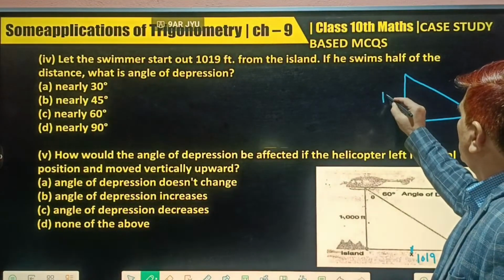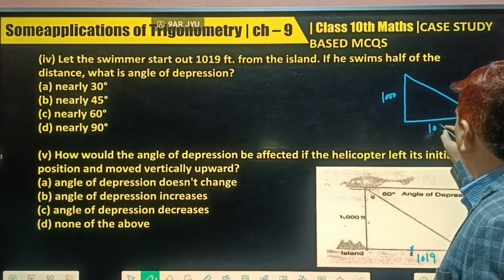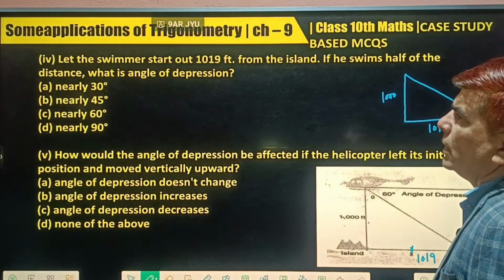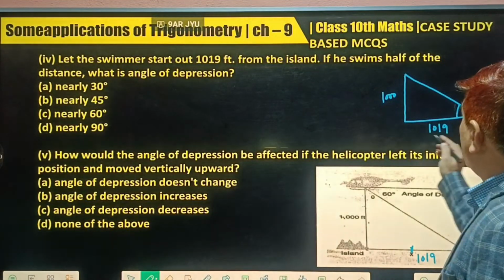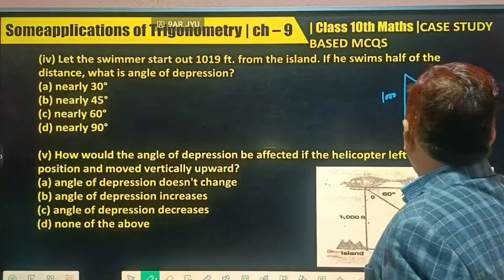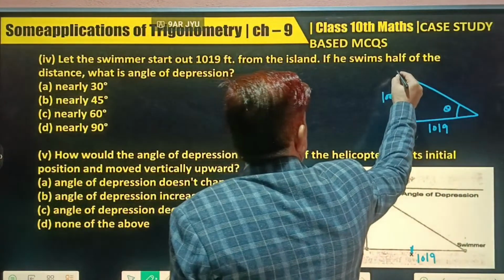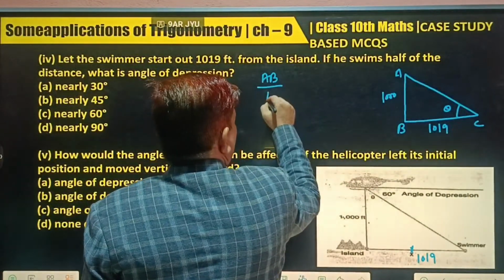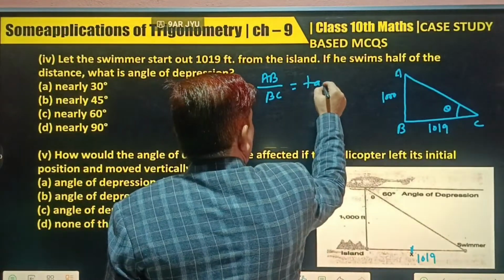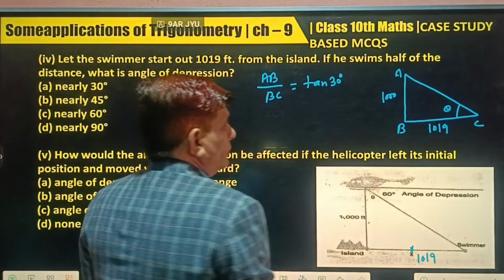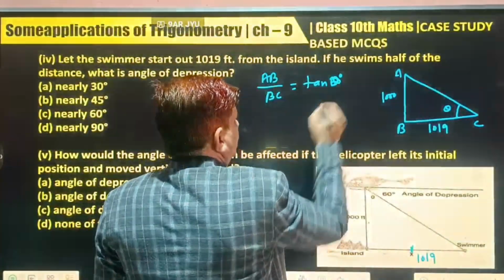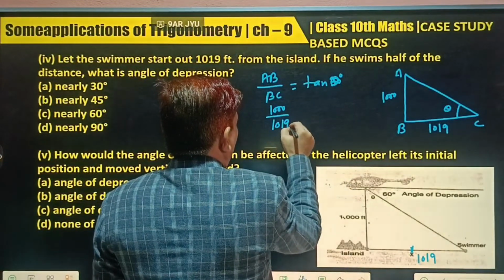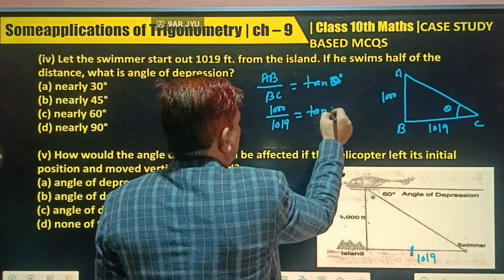This is 1000, this is 1019 meter. So we can find out how many degrees. If theta is the angle, then A, B, C, AB by BC is equal to tangent theta, so 1000 by 1019 is equal to tangent theta.